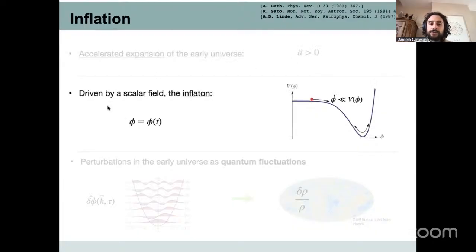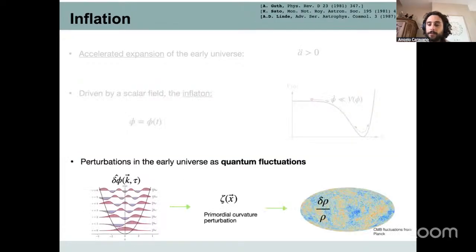In a standard picture, this expansion is driven by a scalar field, the so-called inflaton field, which is assumed to have a very flat potential, a so-called Laurel potential, so that it moves very, very slowly on the top of this potential. Since it moves very slowly, its energy is constant and it can behave approximately as a cosmological constant, sourcing the accelerated expansion, and in particular exponential expansion.